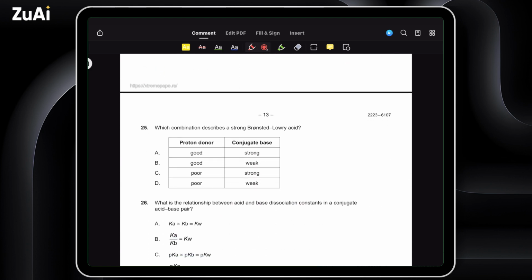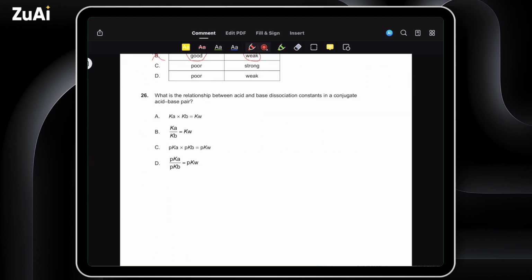Which combination describes a strong Bronsted acid? It's a good proton donor, and its conjugate base should be weak.